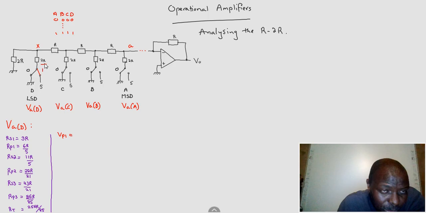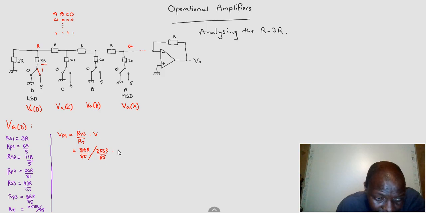V parallel 1 is R parallel 3 over R total, times the supply, which is 86R over 85 times, not divided by, R total, 256R over 85, times V of 5.